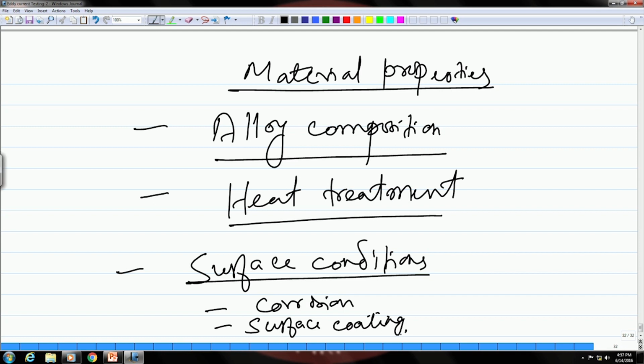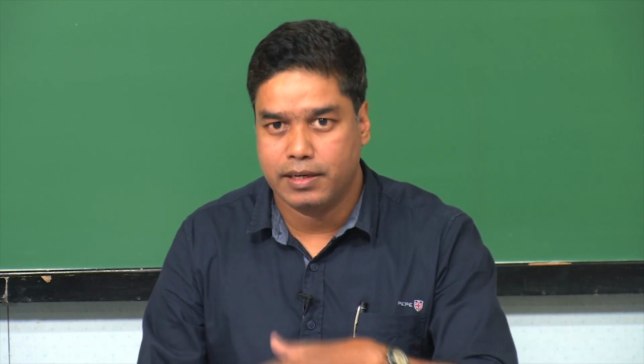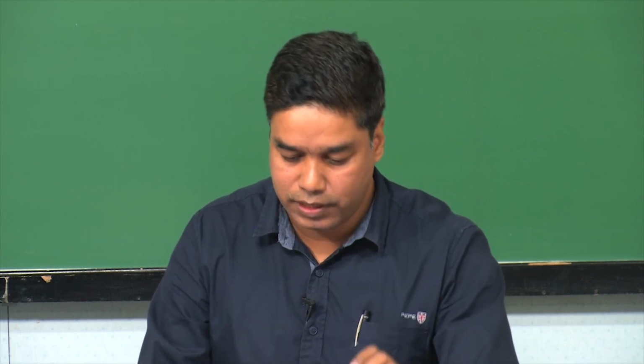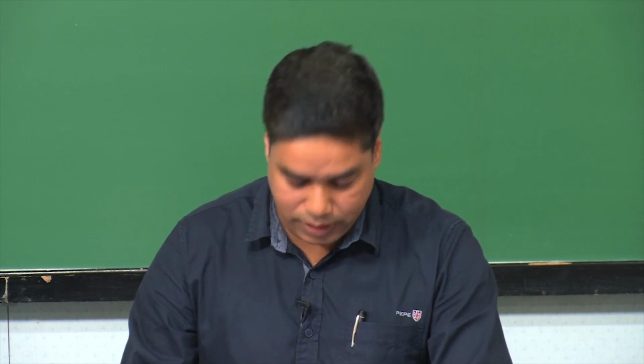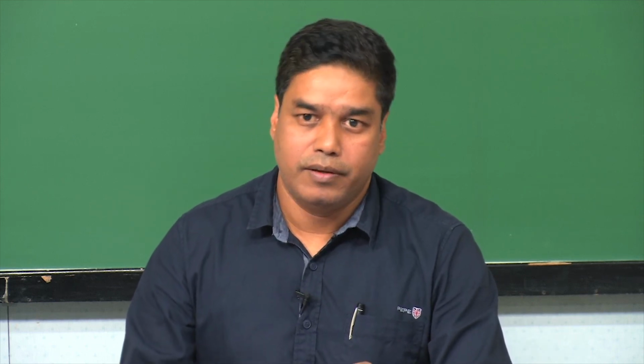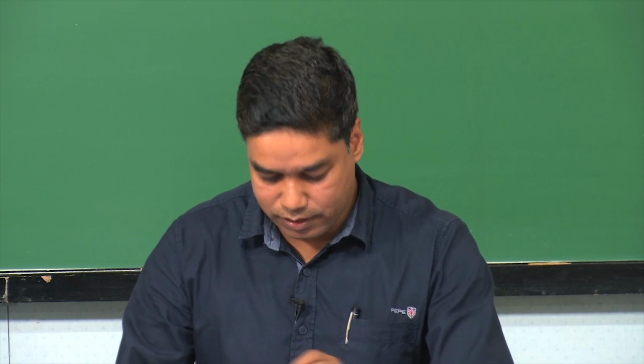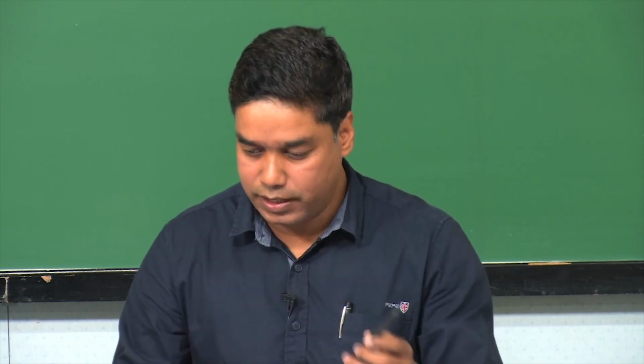So, the property of this coating will control the eddy current and the parameters related to the eddy current. And then the surface temperature can also play a role, because if you vary the temperature on the surface, properties would change. So, surface temperature is again a factor which might affect the eddy current testing results.